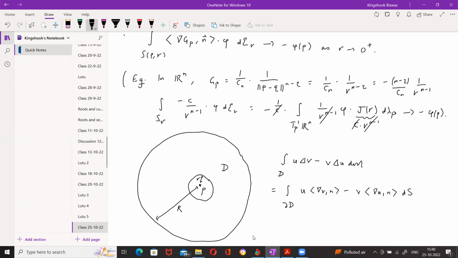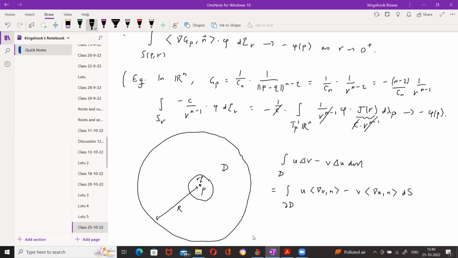So we're going to apply this with the Green's function and the test function phi. This integral over the boundary will give us two integrals, one over the big sphere and one over the small sphere.